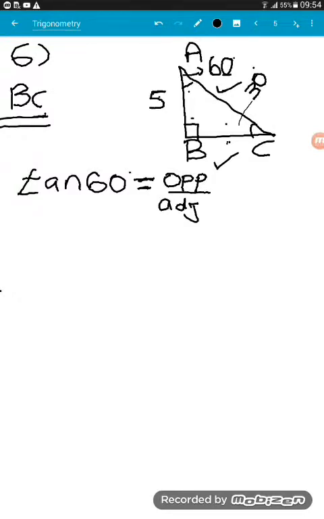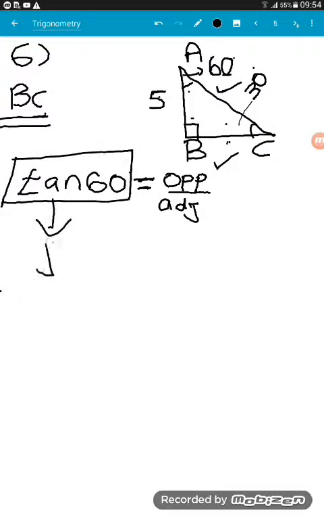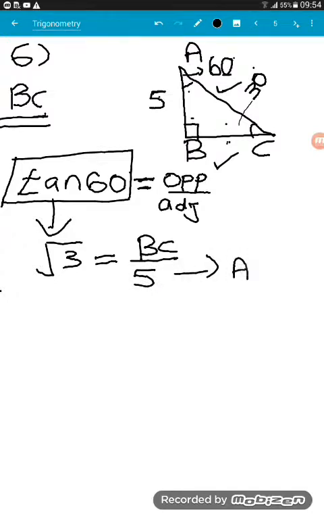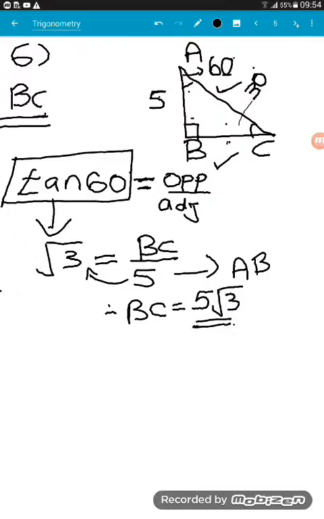Therefore instead of tan 60 we will write root 3 equal to, opposite side is BC only, and adjacent side is 5, that is AB. Therefore BC, if you take it here it will be multiplication, equal to 5 root 3. So BC equal to 5 root 3 centimeter.